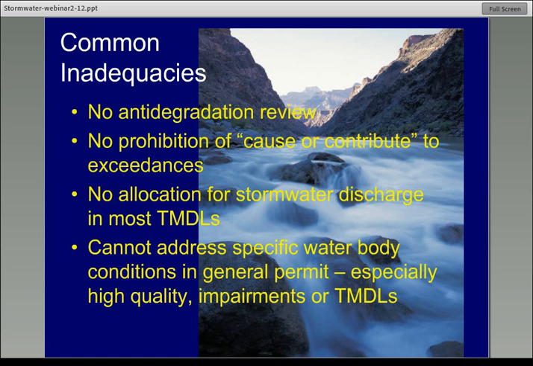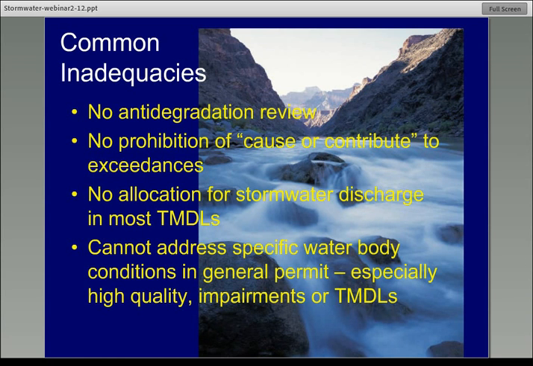We've seen some improvement in the state of Wisconsin, but we really don't see permits being reviewed for problems they may cause, especially in the case of construction sites where it's a new discharge, and how it might cause problems for high quality or outstanding waters is just not taken into account the way it needs to be.